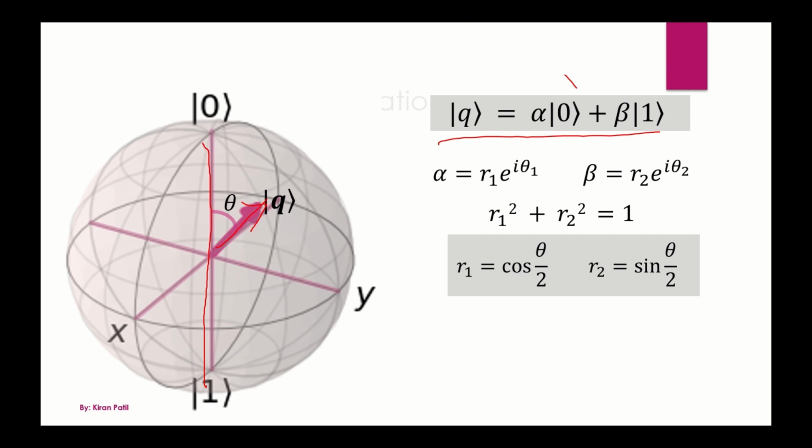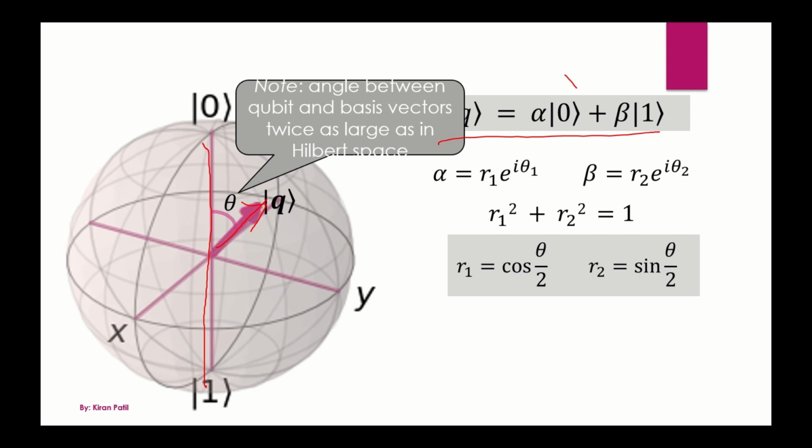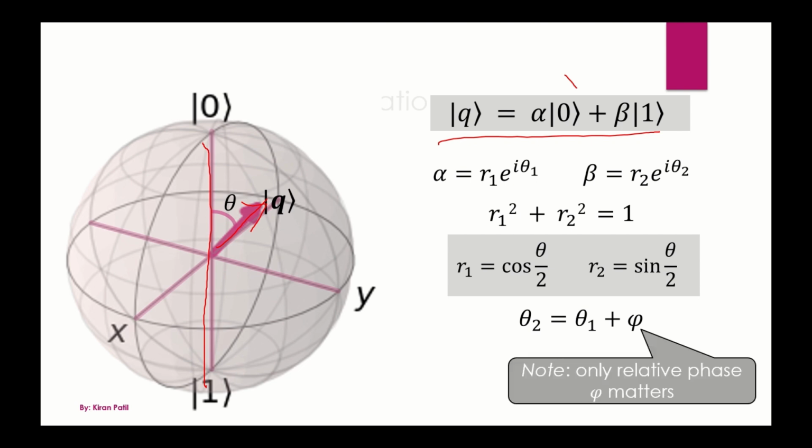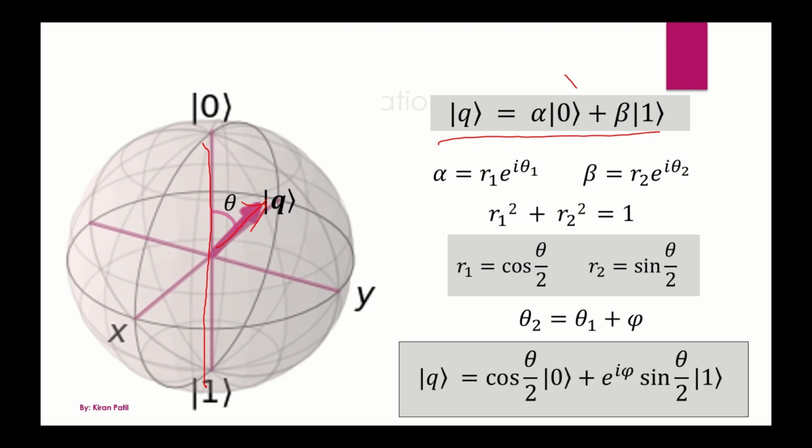So here the value of r1 is cos theta by 2, the value of r2 is sin theta by 2. Theta is the angle between the qubit and the basis vector, which is twice as large as in Hilbert space. Then theta 2 is given by the formula theta 1 plus phi. Phi is a relative phase. What is a relative phase?